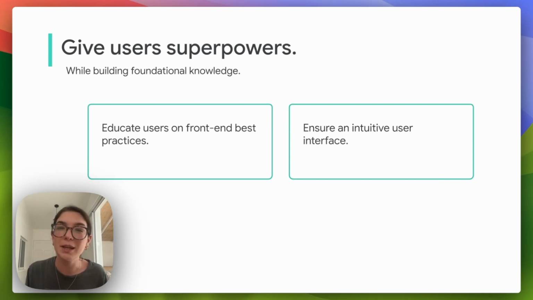So we're really trying to build out that foundational knowledge in a way that's easy to consume if you don't have technical experience. So we're educating our users on best practices for front-end development, and we're making sure that we keep an intuitive and easy-to-use interface as we start to add more advanced software development features.